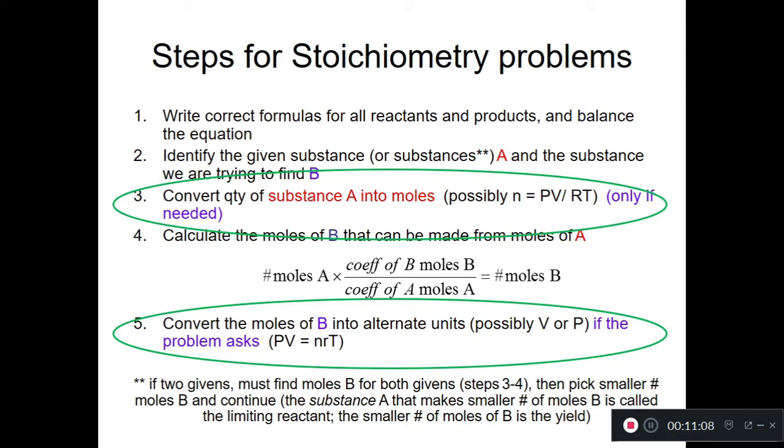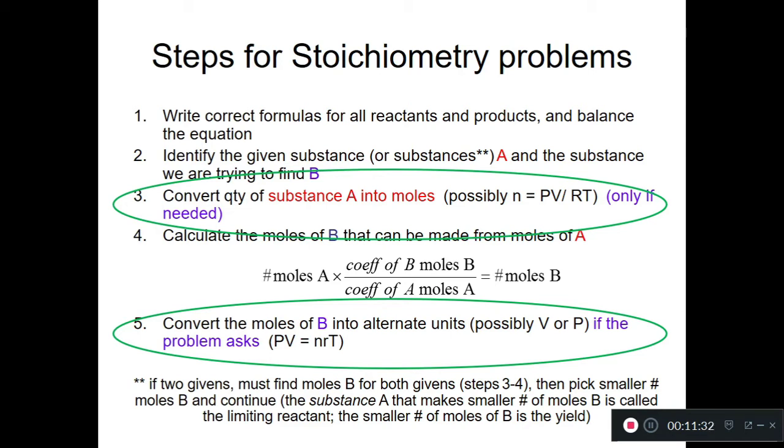Then we really need to identify from the problem what the given substances are and what we're trying to find. Note that in these gas stoichiometry problems, we now have not just one variable, mass, like in the first type of problems, or two variables, volume and molarity, but we have volume, temperature, and pressure. So we have a lot more variables that we have to worry about.